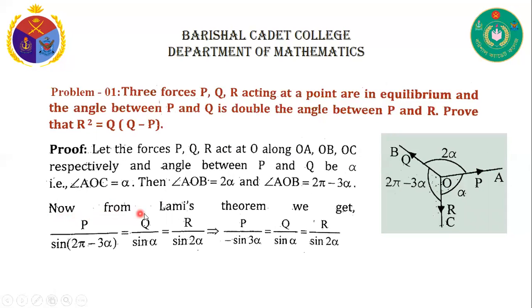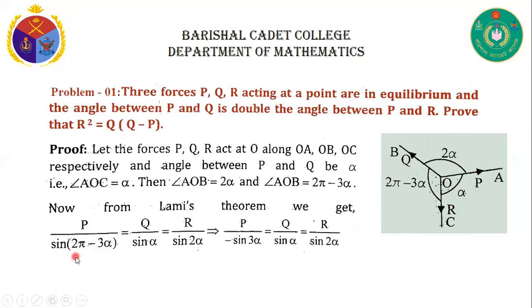Now from Lami's theorem we get P divided by the sine of the angle between the opposite two forces, sine 2 pi minus 3 alpha, equals Q divided by sine alpha, and R divided by sine 2 alpha.